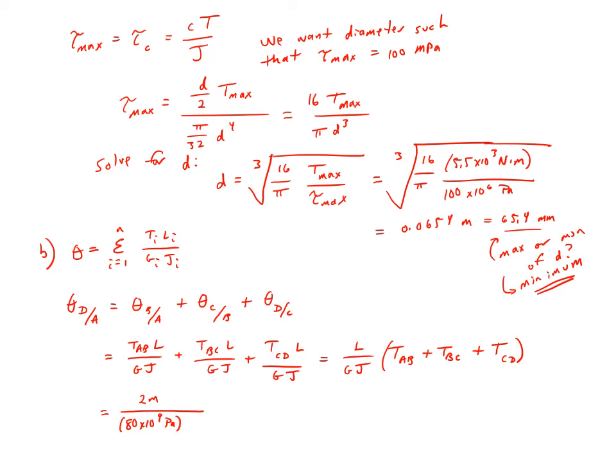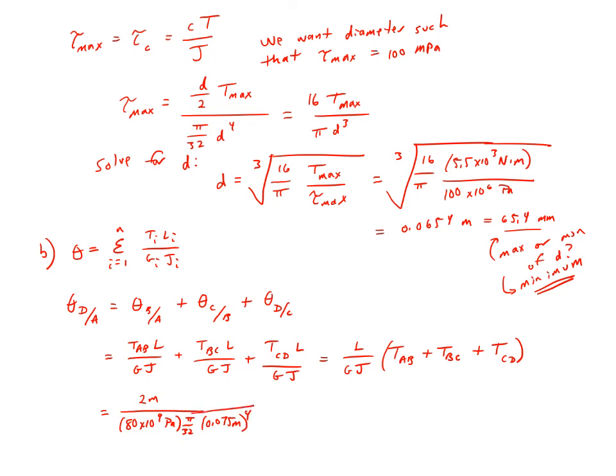Our J is going to be computed from the 75 millimeters that we were given. That's going to be pi over 32 times 0.075 meters to the 4th.